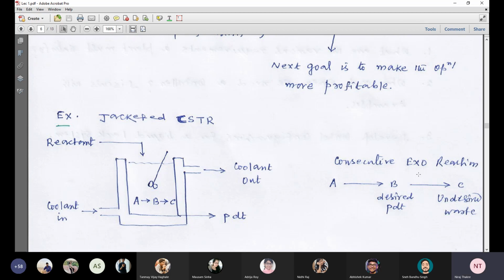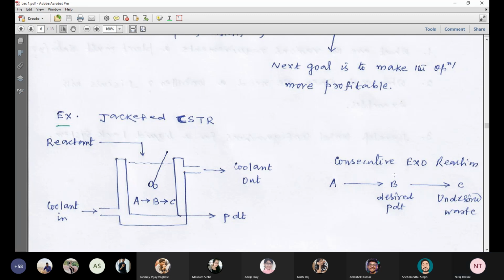This is basically overall an exothermic reaction. As I mentioned, A is our reactant, B is the desired product, but we also get C, which is an undesired product, or better to say undesired waste. So here our objective is to produce as much B as possible.